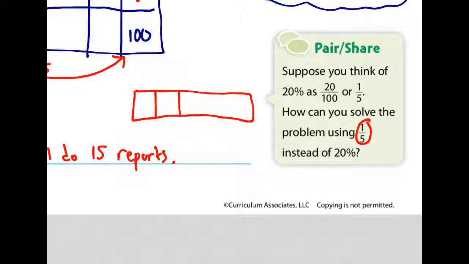And I'm going to split it into fifths. Now remember, this would be 0/5, this would be 1/5, 2/5, 3/5, 4/5, and 5/5. And also remember, 5/5 is the same as 100%.